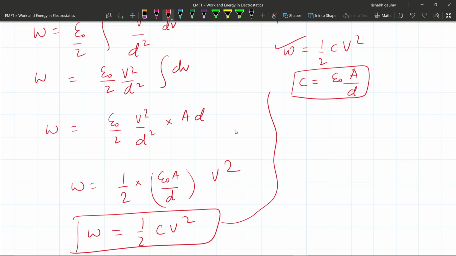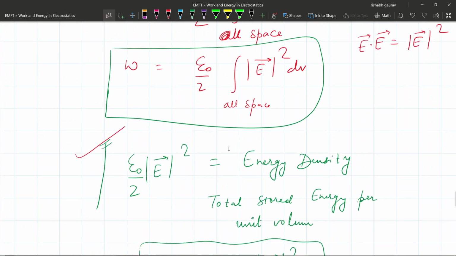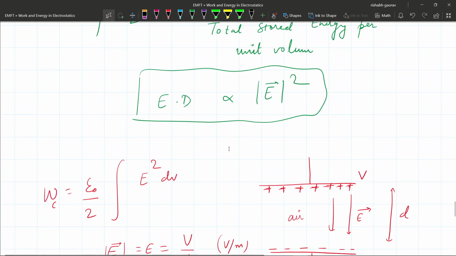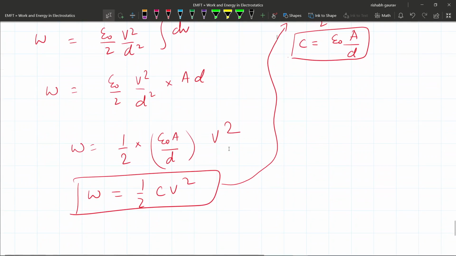As we see, we just derived the stored energy in the capacitor with the help of the concept of energy density. So we will continue our discussion. Thank you.